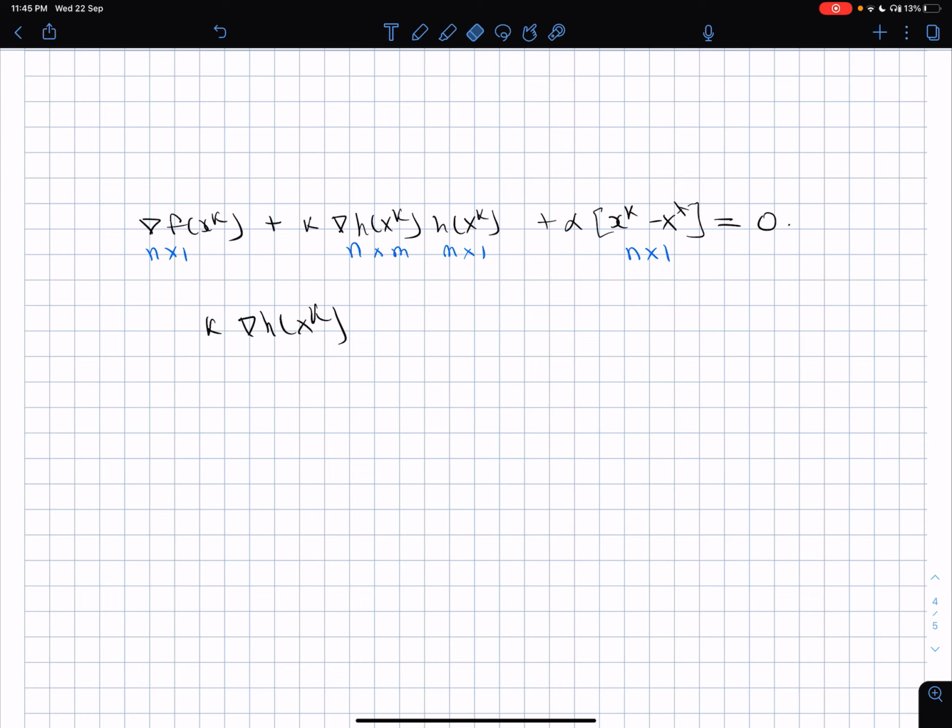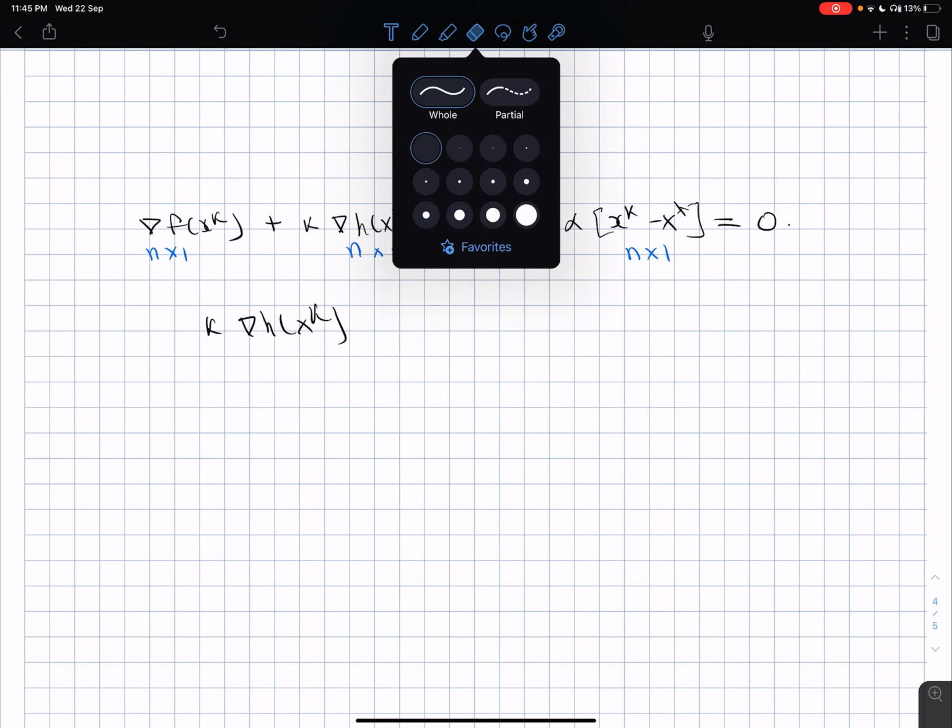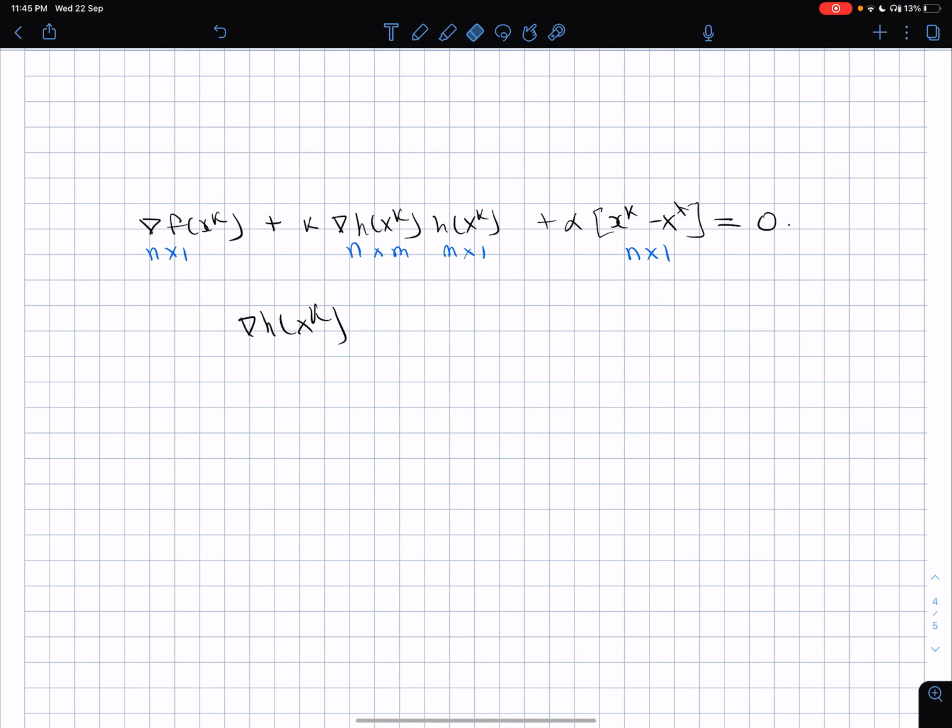In fact, I'm going to take this k scalar also, this side, k of h of x of k. I'm going to write this as minus of f of x of k plus alpha of xk minus x star. Other two things I have taken on the left hand side.